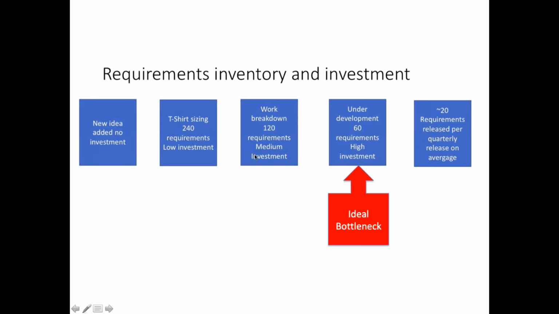You don't want to do more work breakdown until you've got more value flowing through in your requirements process. So we're trying to optimize the flow, optimize the bottleneck. And by doing that, we are trying to reduce the work in process.